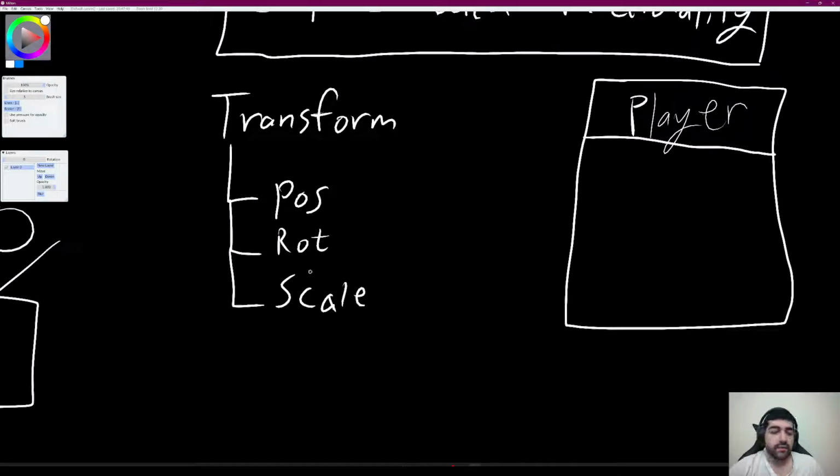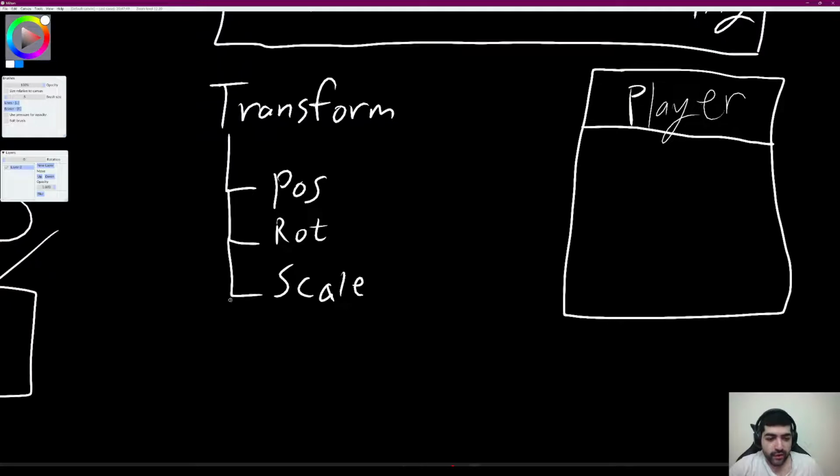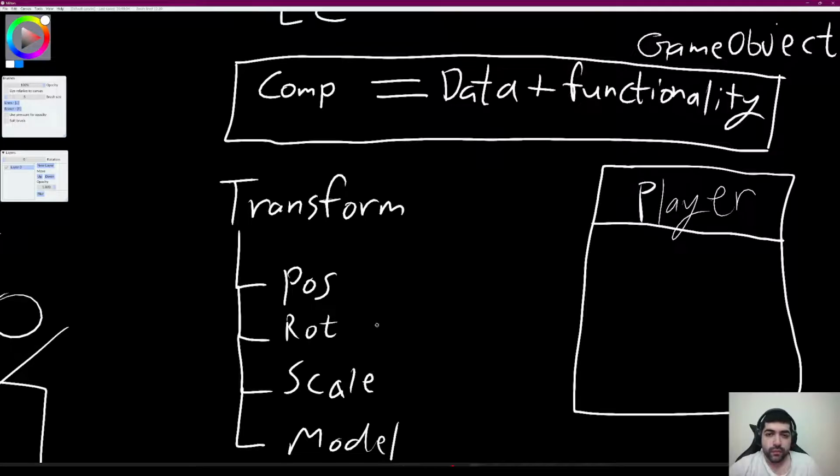And it gave us a bunch of functions to give us access and to edit those in a controlled way, because we also cached out of those a model matrix. So it contained the data and it contained functions to operate on the data. This transform can be called a component.